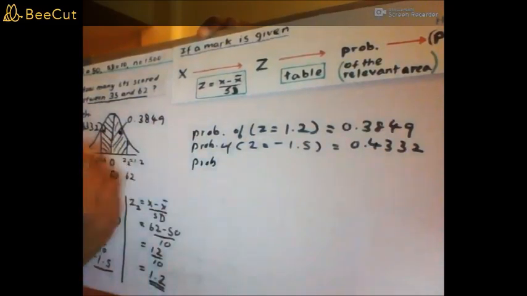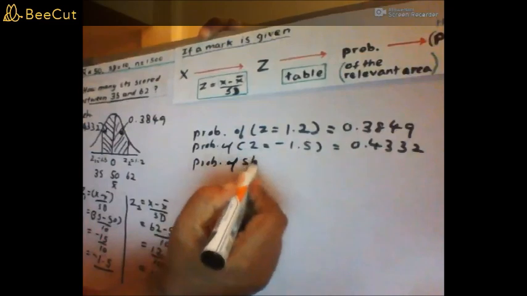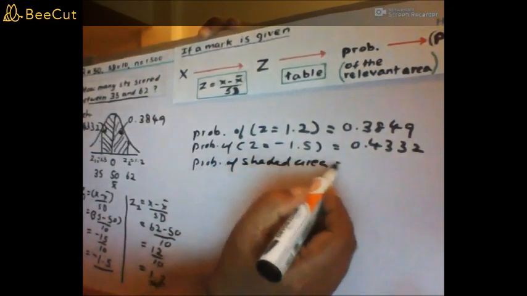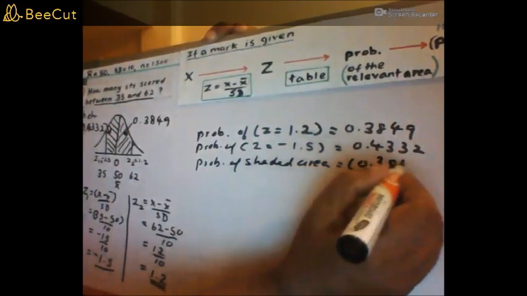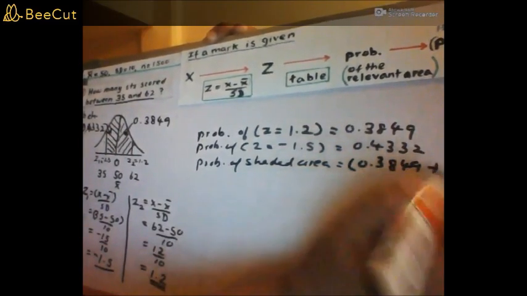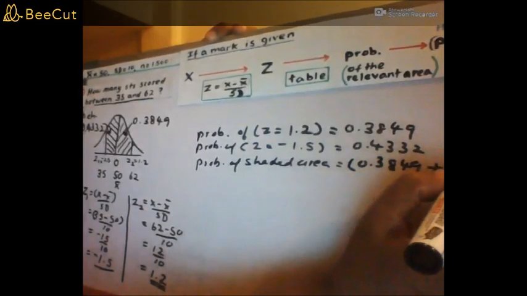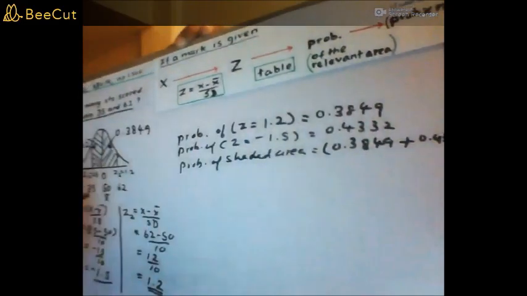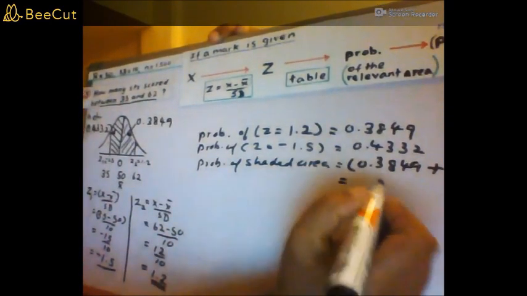What's the next line? Probability of the shaded area. What you have to do? You have to add these two, 0.3849 plus 0.4332. Then the answer is 0.8181.